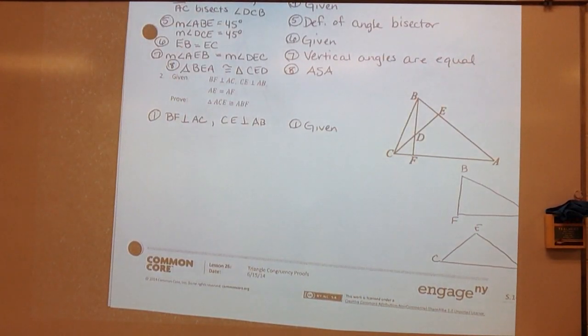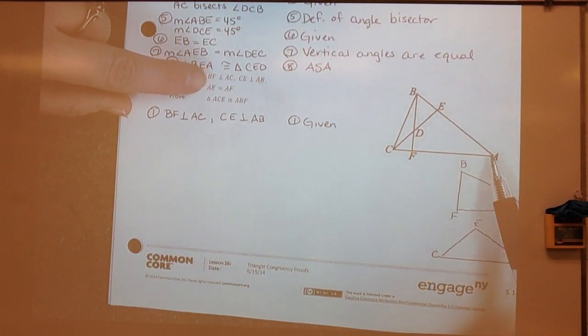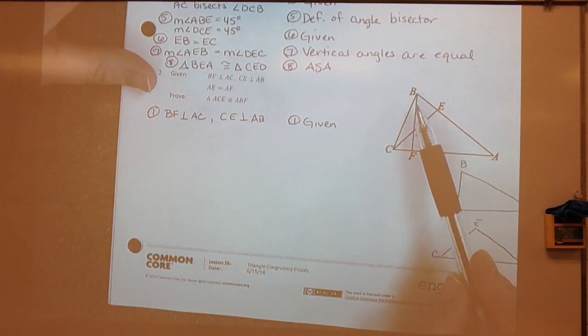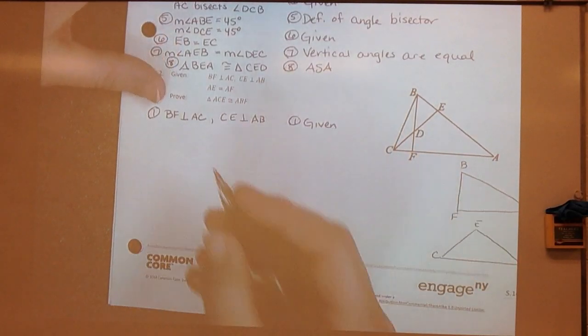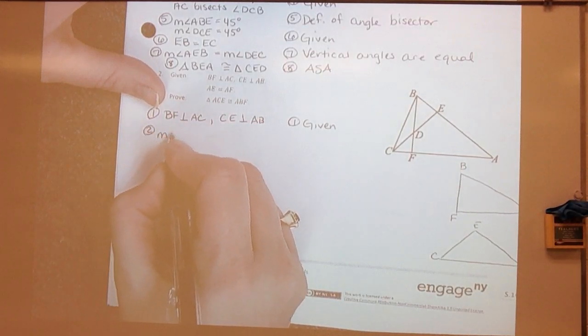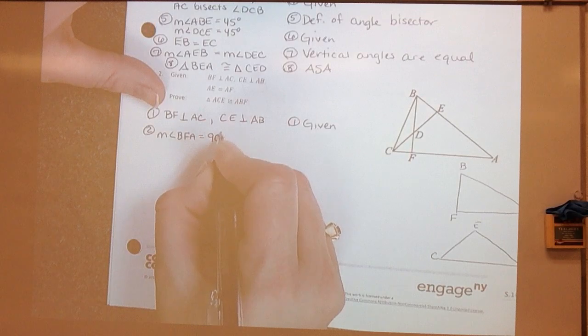So since we know about perpendicular, then let's see what we can use there. We know perpendicular means that it forms right angles. So let's see if we can figure out our right angles here. Alright, so if BF is perpendicular to AC, then I know that angle BFA is 90 degrees. So the measure of angle BFA is 90 degrees.